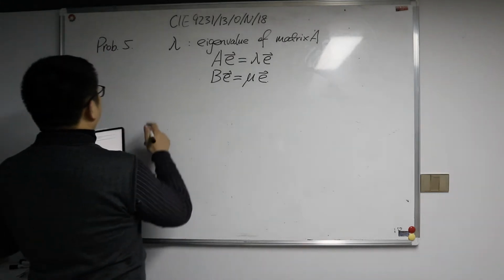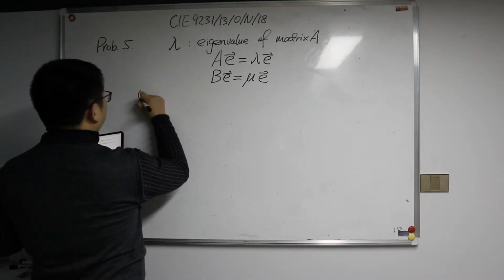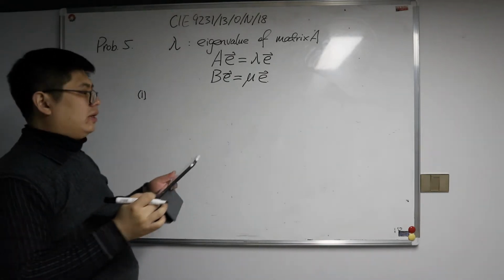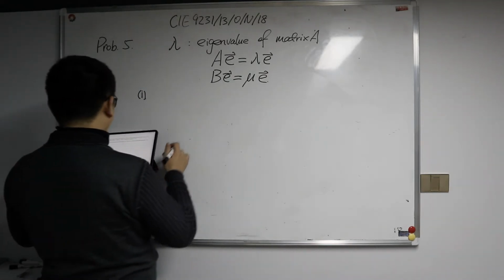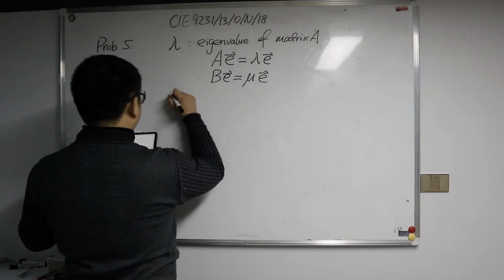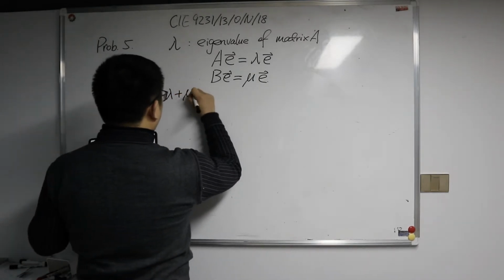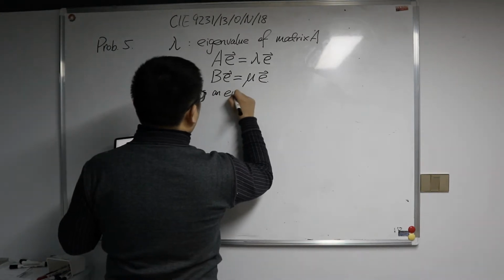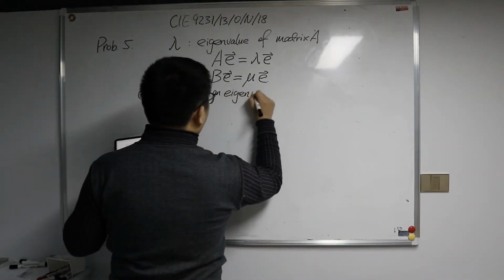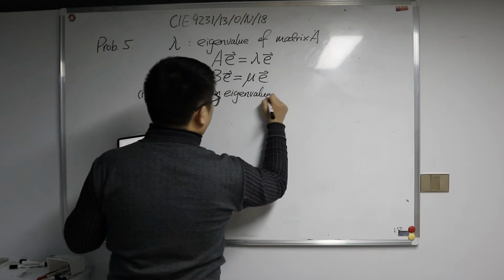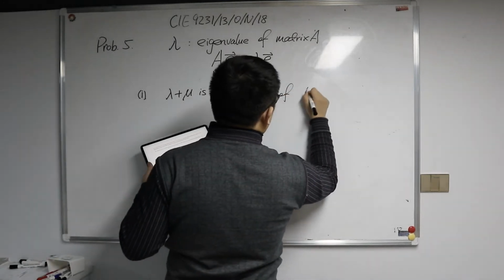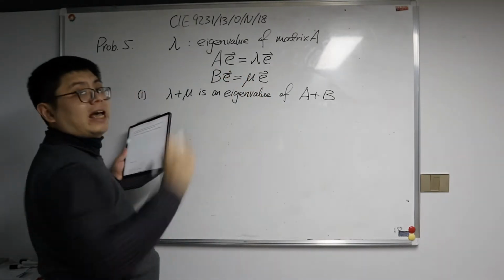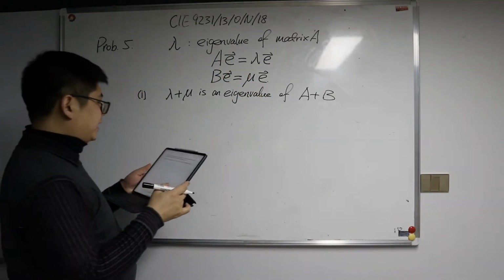And the first part is this very simple proof. We are asked to show that lambda plus mu is an eigenvalue of matrix A plus B with exactly the same corresponding eigenvector.